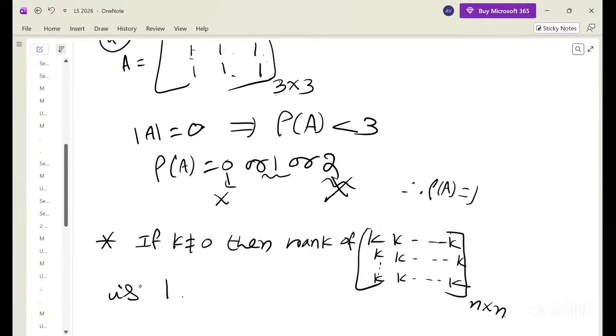Shortcut. So from next time, you need not do the work. By looking at it, you can say, when everything is same, square matrix, if it is not 0, then automatically what is the rank? 1.